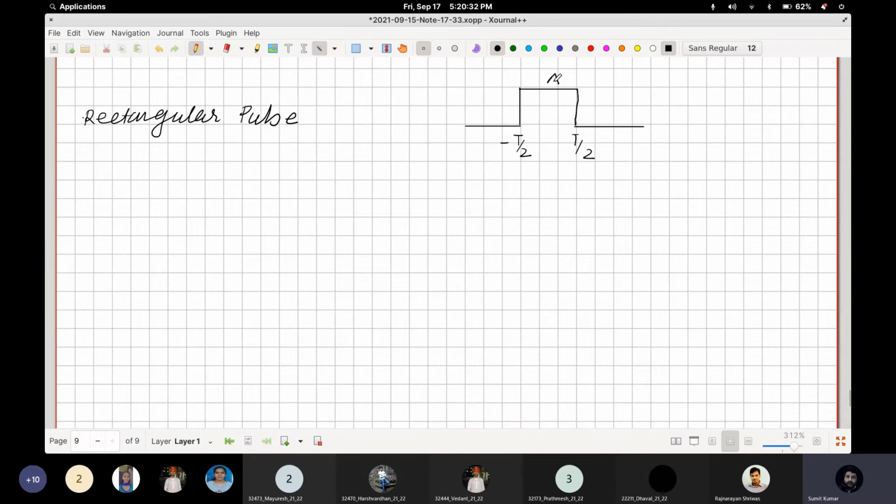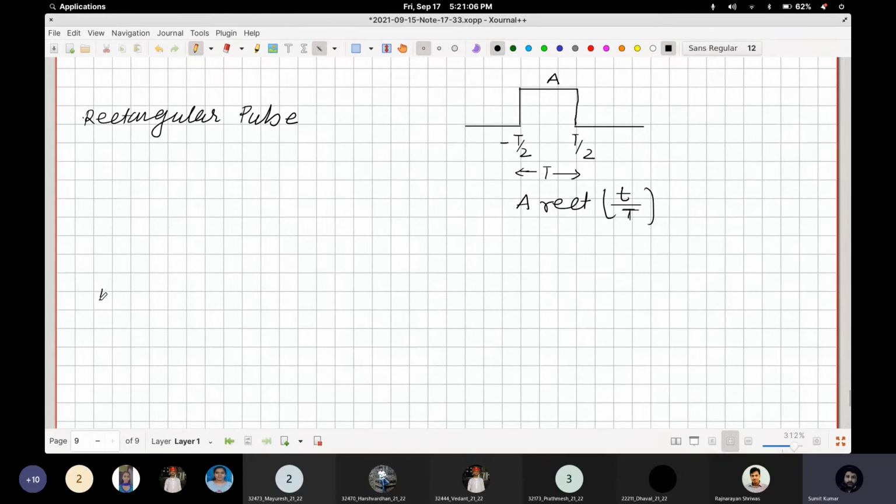And this, let me write as A. So this rectangle pulse is denoted by A rect of t divided by capital T. So you see that capital T is actually its width. So t divided by T, this capital T denotes that its width is equal to T. Is this clear? And this A denotes that its height is equal to A. Is this clear? So this is how your rectangle pulse is defined.